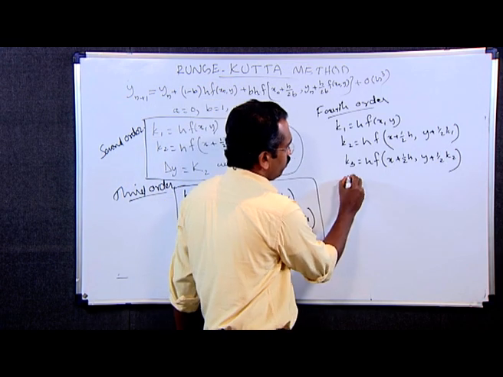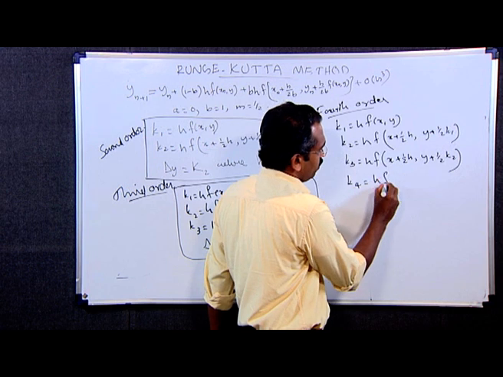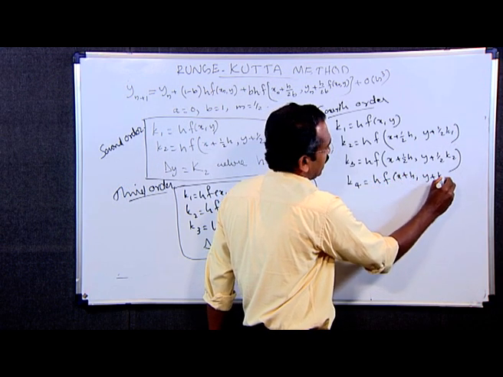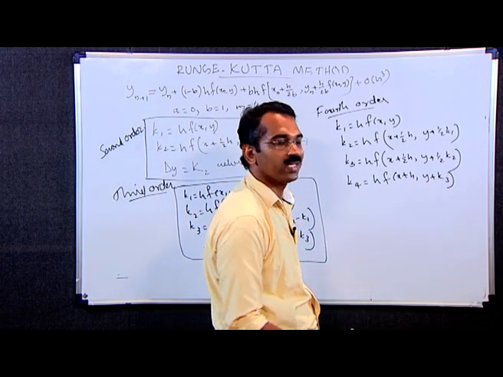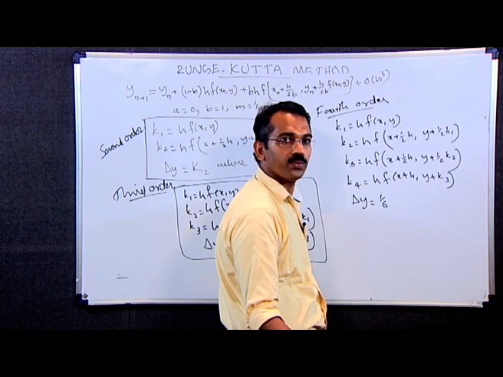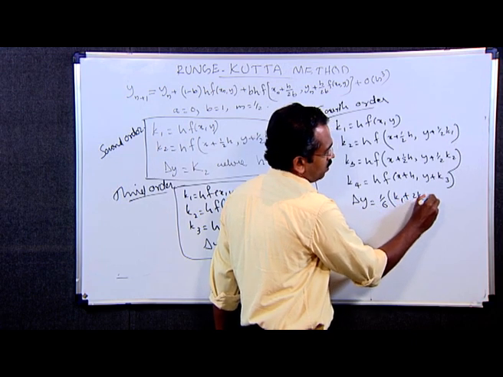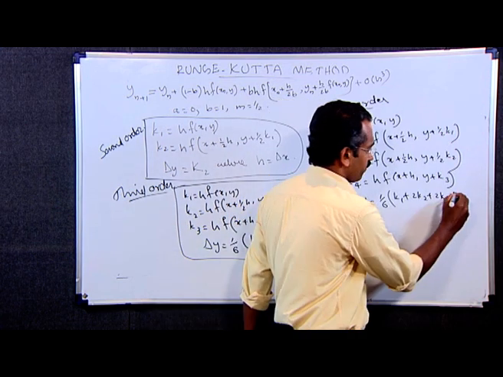K4 equal to h into f of x plus h comma y plus K3, and delta y is 1 by 6 into K1 plus 2 K2 plus 2 K3 plus K4.